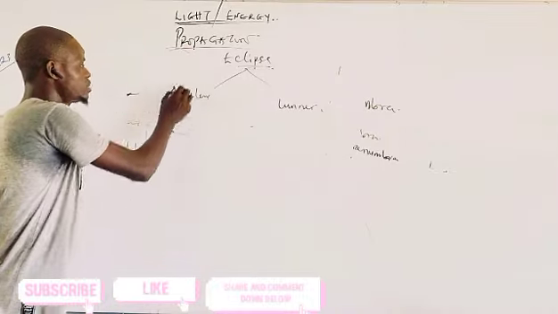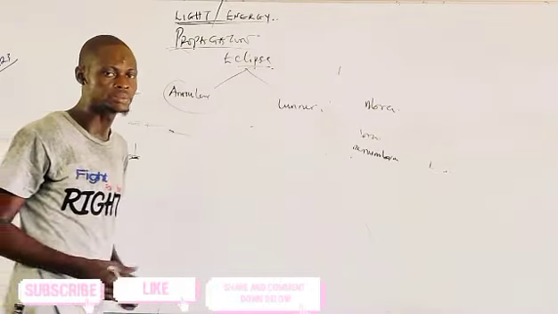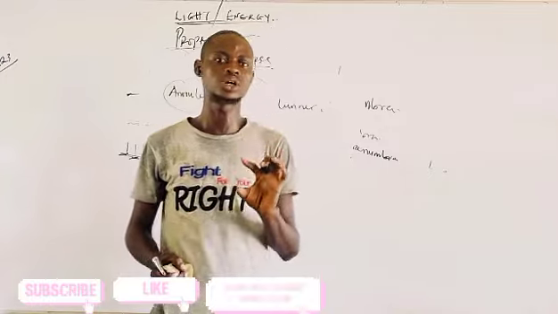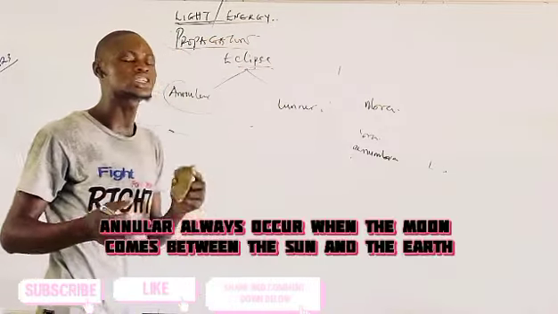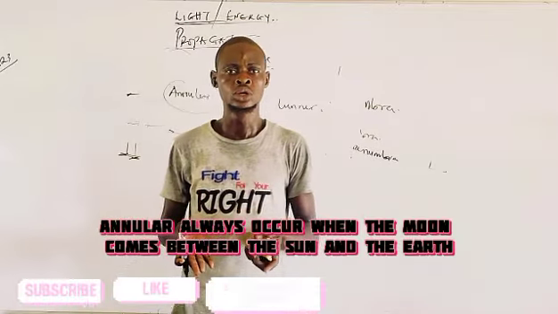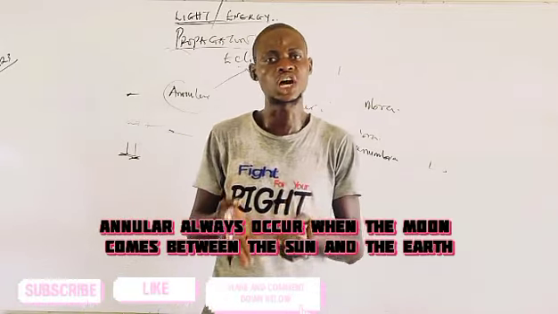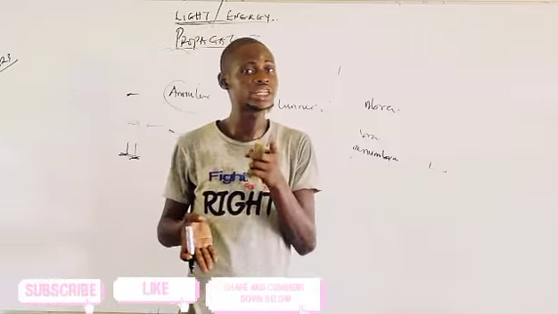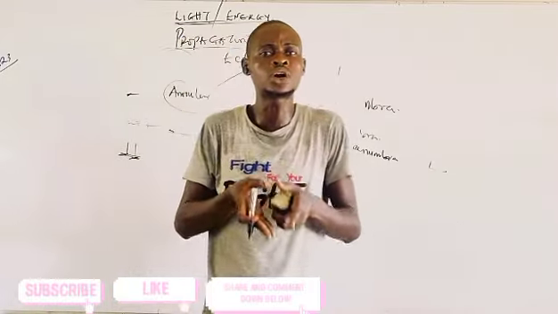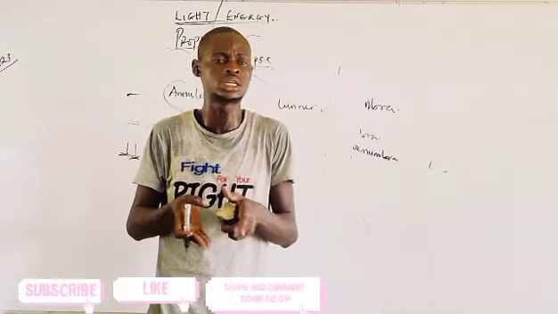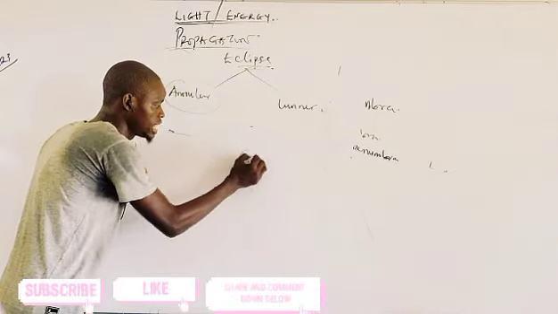Now, when we said annular, what is meant by annular? This is where the confusion comes about. An annular eclipse always occurs when the moon comes in between the sun and the earth. As you know, the sun is luminous, while the earth is non-luminous.